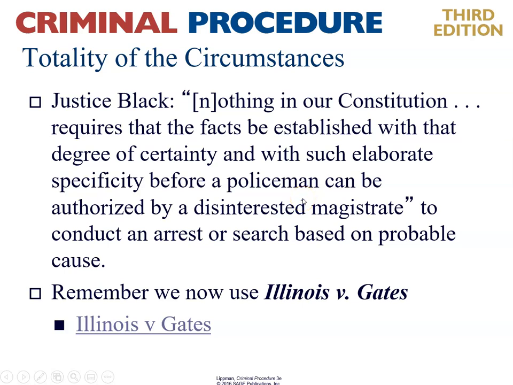Now, Justice Black said something kind of interesting. So let's read what he said as part of his decision-making process. He said, "Nothing in our Constitution requires that the facts be established with that degree of certainty and with such elaborate specificity before a police officer can be authorized by a disinterested magistrate, meaning a third party, to conduct an arrest or search based on probable cause."